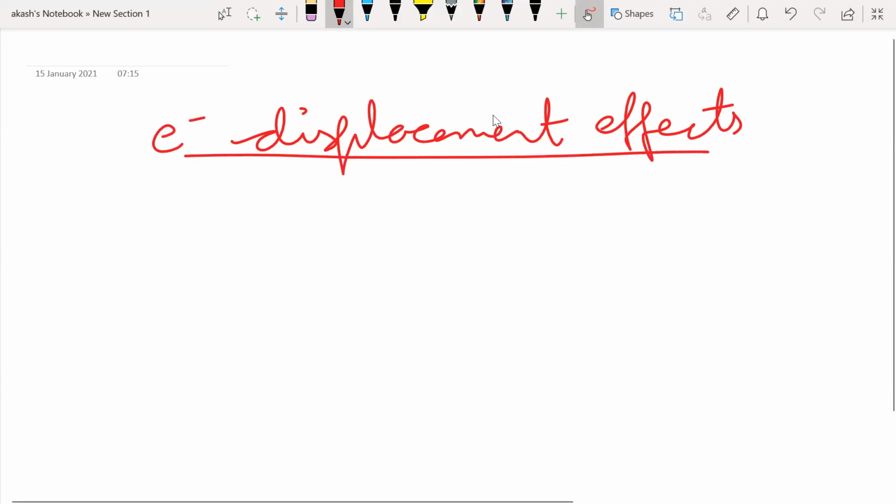Electrons are not in their original positions; they are moving somewhere. That's what you need to understand. So what are the electron displacement effects you're going to study? Under this, the first one is what is called the inductive effect.